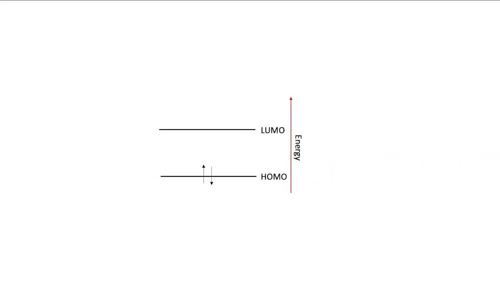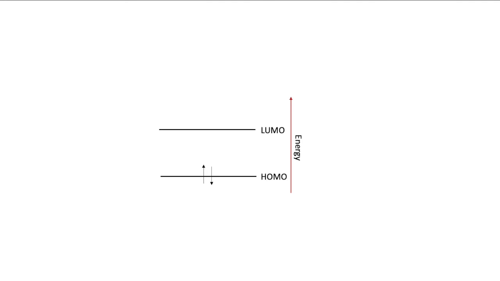So each horizontal line here is representing one molecular orbital that contains two electrons within it. This representation of molecular orbitals is mainly used to describe covalently bonded molecules. So two atomic orbitals have combined together to form a bonding and anti-bonding molecular orbital, with an energy gap in between.